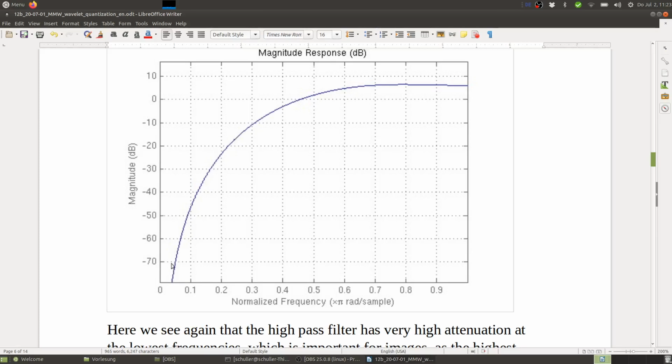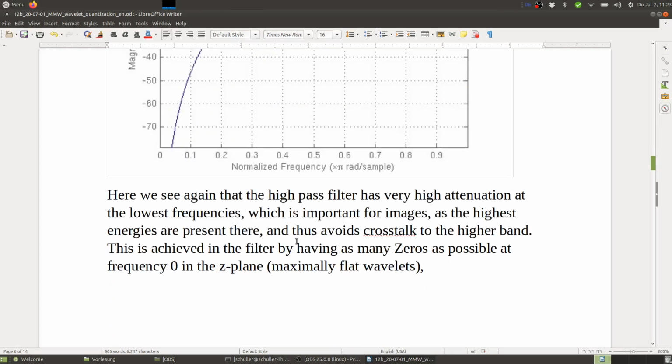And this is important for images, because this is where images have the highest energy, and having high attenuation close to DC avoids this high energy spilling over into the high band. Yeah, and this is important for compression performance, this high attenuation.